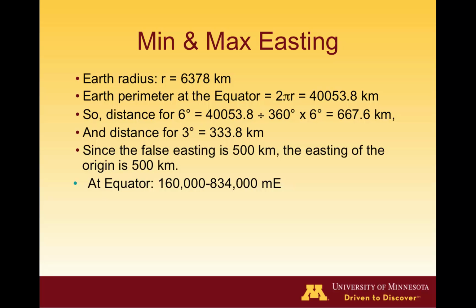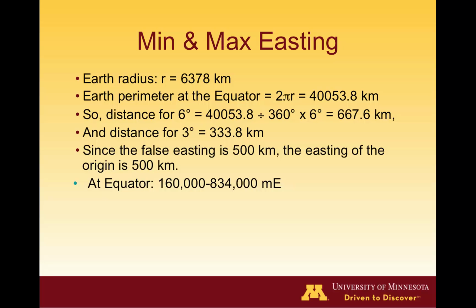So distance for a UTM zone which covers 6 degrees of the Earth's surface will be 40,000 kilometers divided by 360 degrees, and then times 6 degrees, which gives you 660 kilometers.